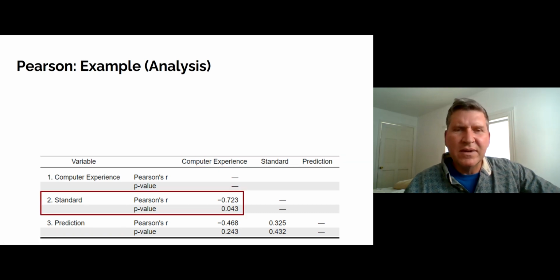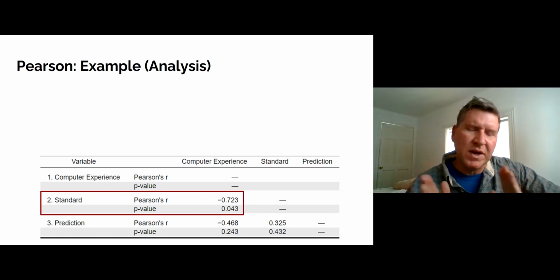So if we look at the standard word processing software and computer experience, we can see that we get a Pearson's R of negative 0.723 and a p-value that's less than 0.05. So we could say both the Pearson's R is fairly strong, because remember it goes between -1 and 1.